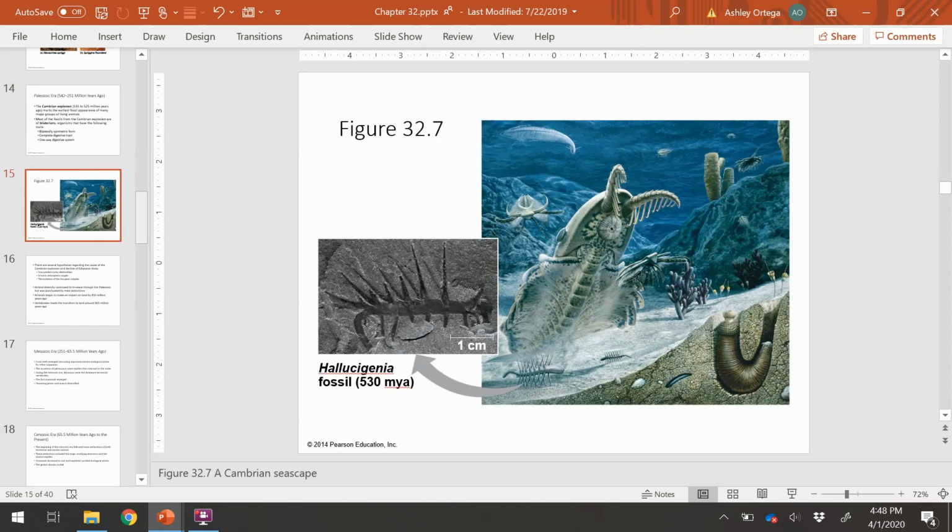In this next image, you can see a Cambrian seascape, like an artist's rendition of what it may look like based on fossil evidence and other records at that time, and then a fossil from that time period.